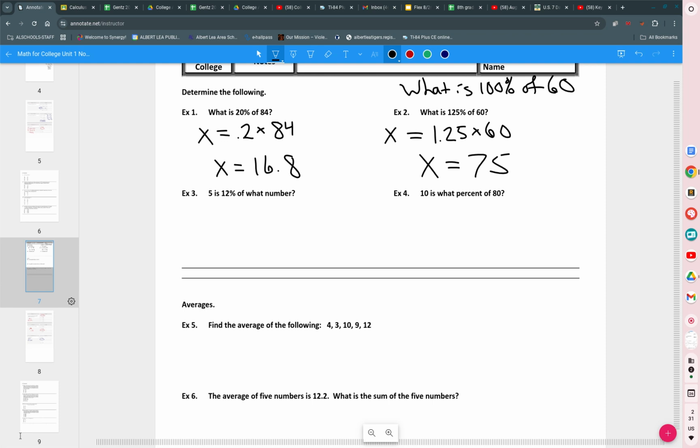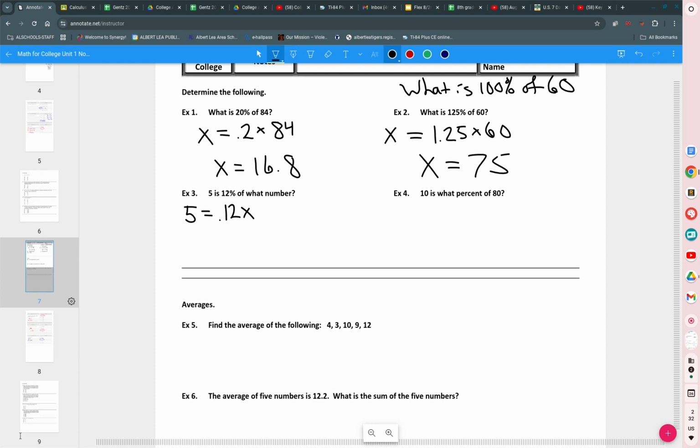The next one, 5 is 12% of what number? So now the equation looks different. If somebody just asked me 12% of what number, I couldn't tell them right away. I would have to write it out and solve that equation.